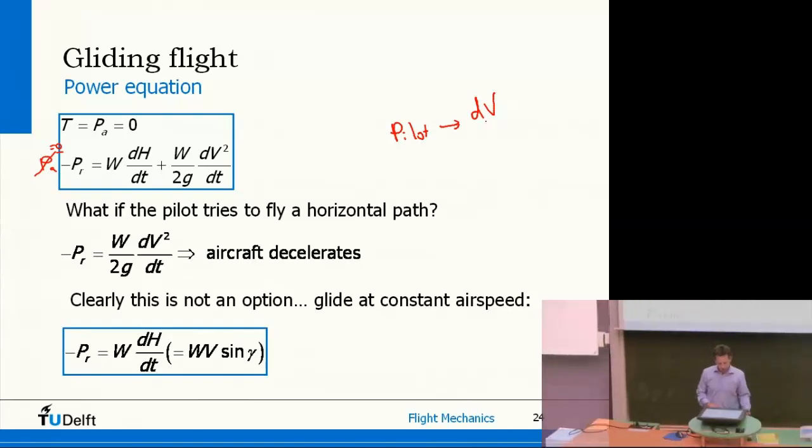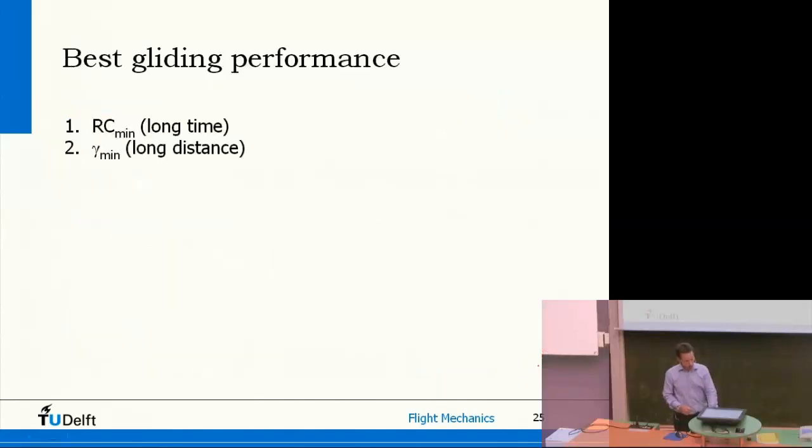But now you see we have one simple equation. Minus power required divided by the aircraft weight is V sine of gamma, which is the rate of climb or descent of the aircraft. So in terms of gliding performance, there are basically two options.